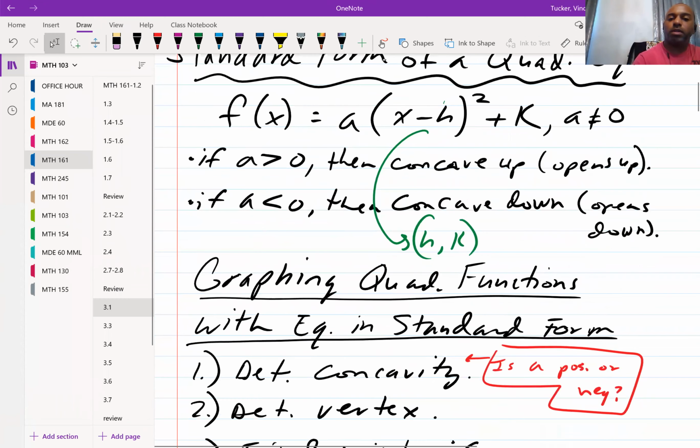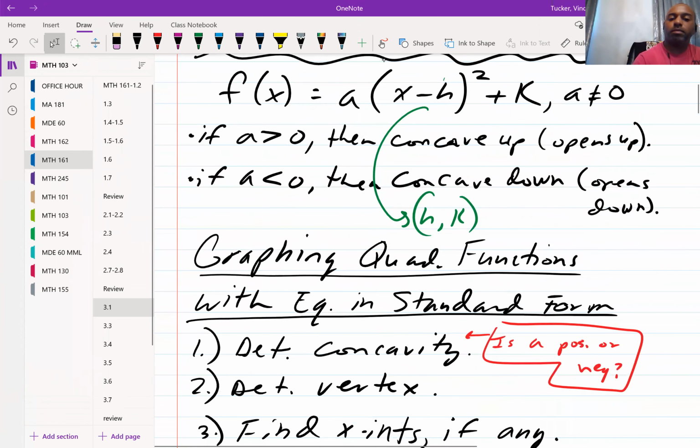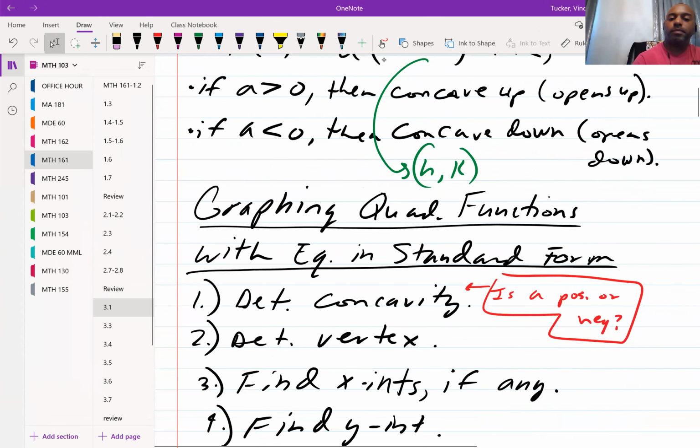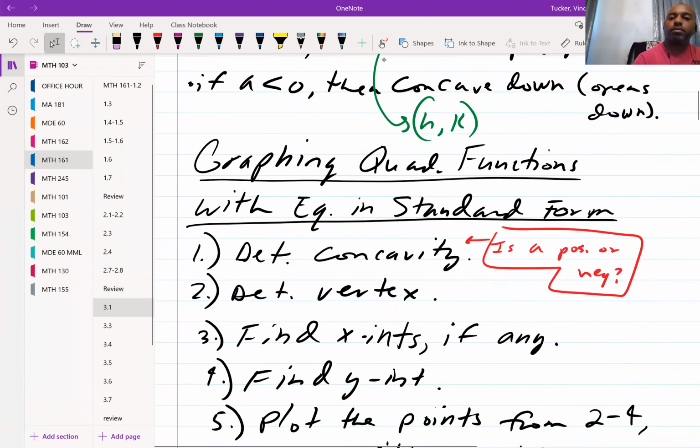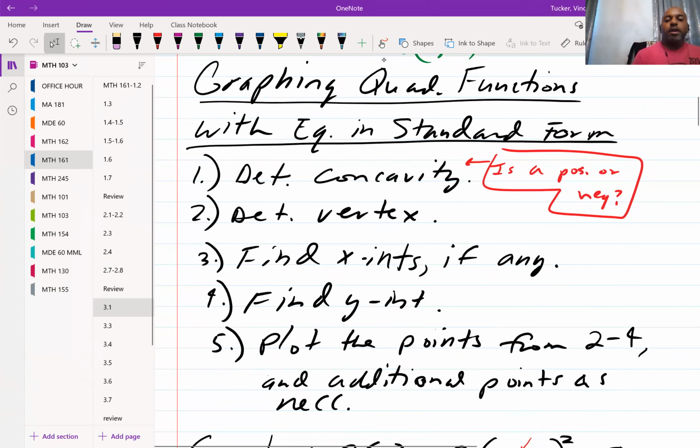All right, gonna scroll up. If we want to graph quadratic functions with the equation in standard form, we're going to determine your concavity.